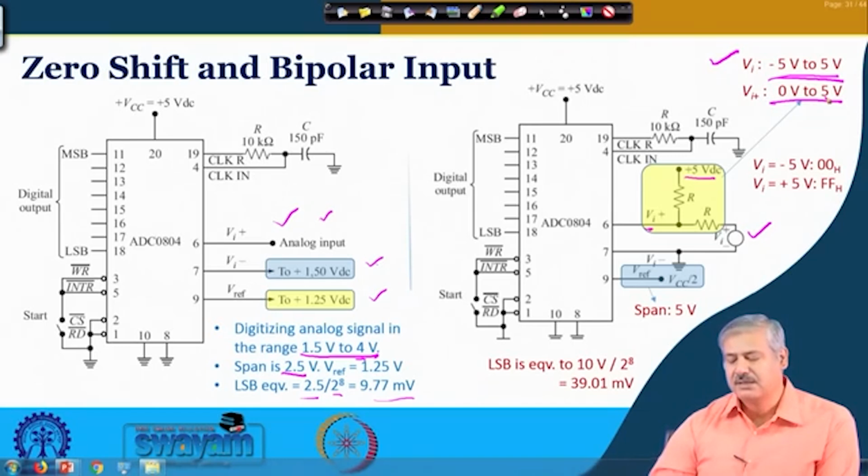This span is 2.5 volt, so this whole span is 5 volt that we get.